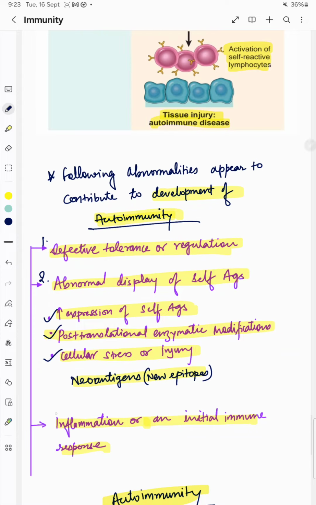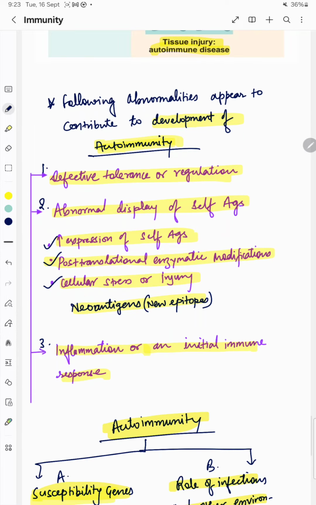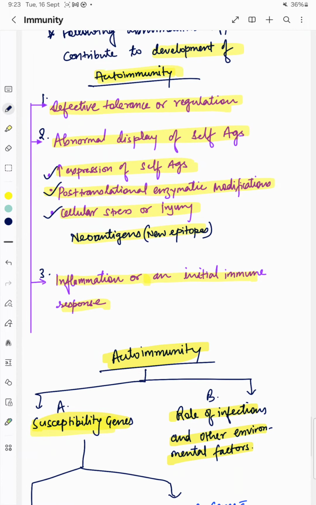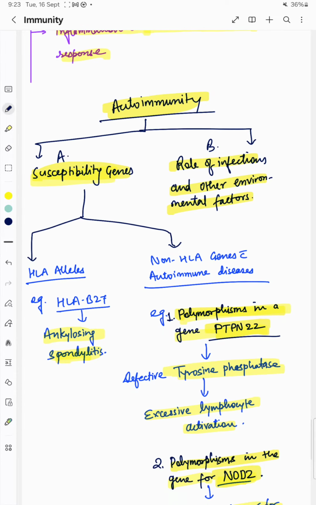The third abnormality which also contributes to the development of autoimmune disorder is inflammation or initial immune responses. They may also result in the development of autoimmunity. As we have discussed, autoimmunity is primarily because of the susceptibility genes and environmental triggers. In susceptibility genes, we have two classes.